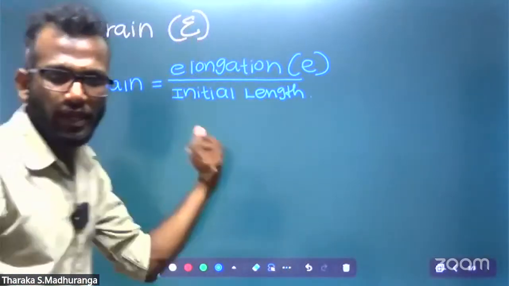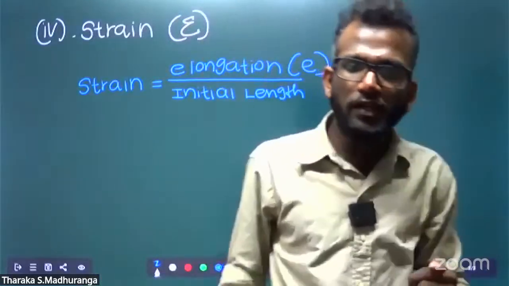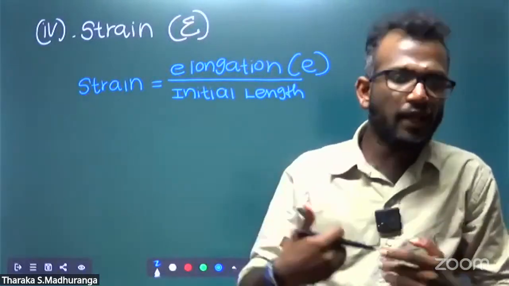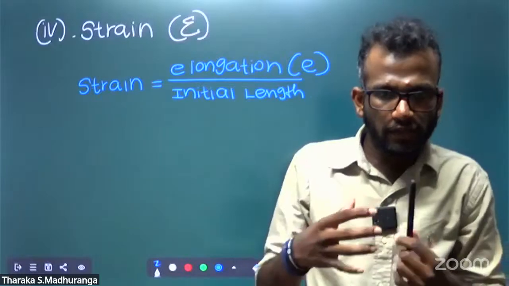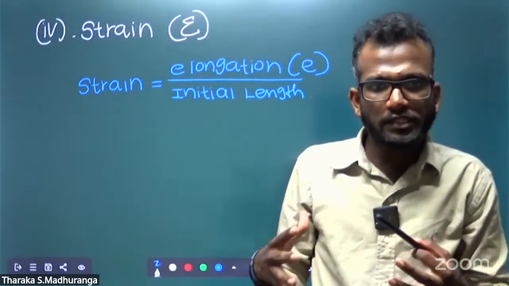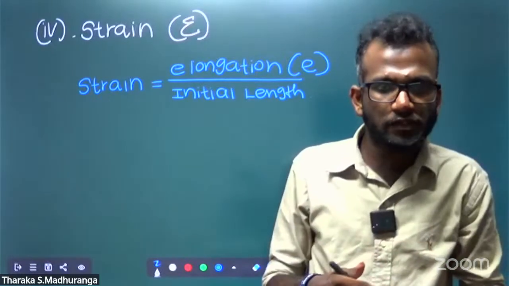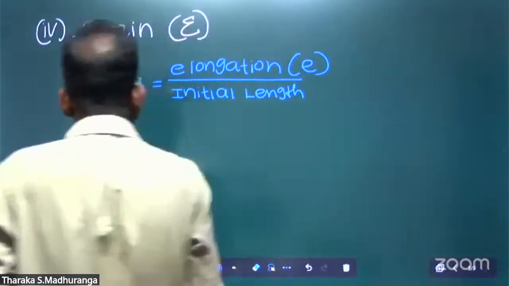That ratio between elongation and initial length of the object we call strain.